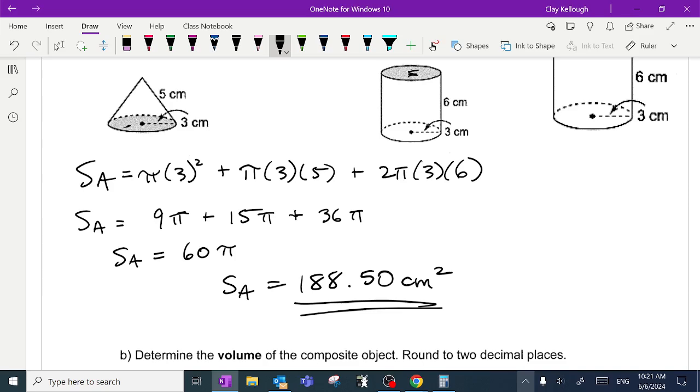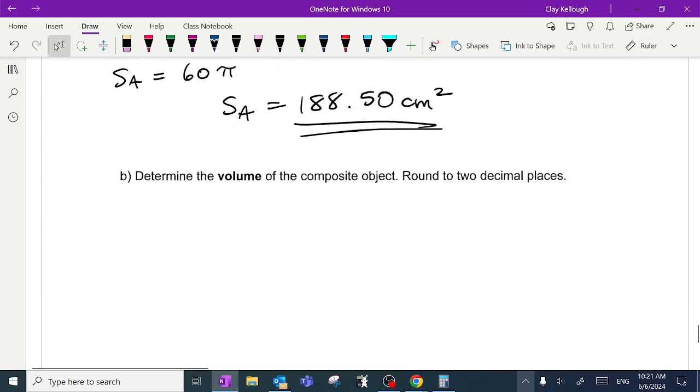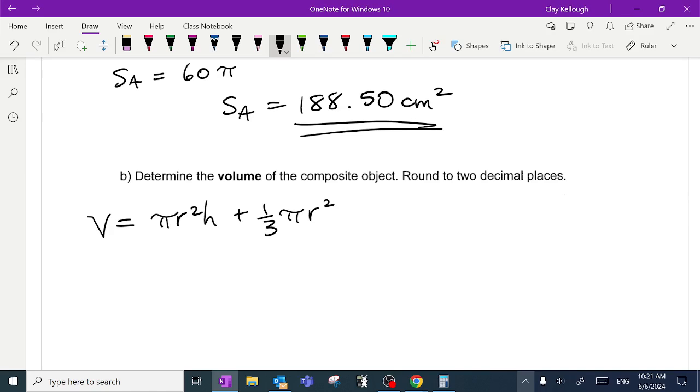So volume is much easier than composite surface area. So the volume is just pi r squared h plus 1/3 pi r squared h.